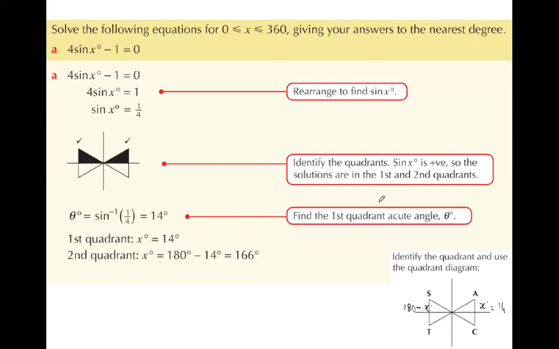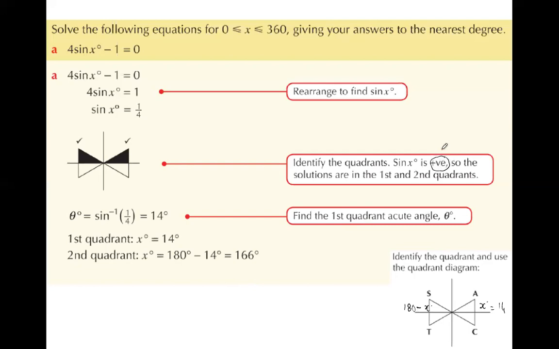So we called it the first quadrant acute angle between 0 and 90. They've looked for theta, we called it alpha, but at least you've noticed they've not used x. Plus VE just means positive.